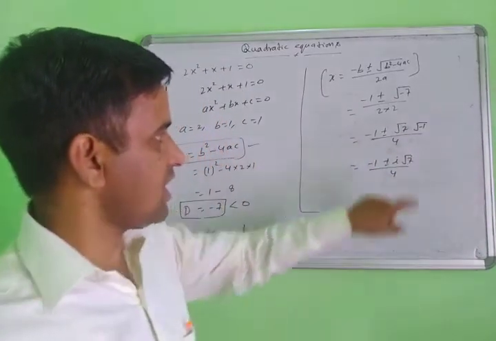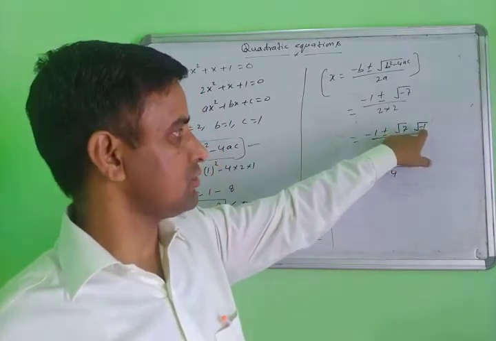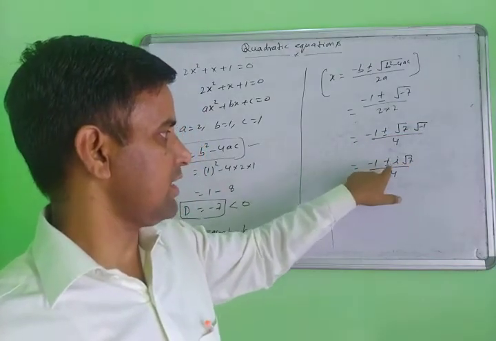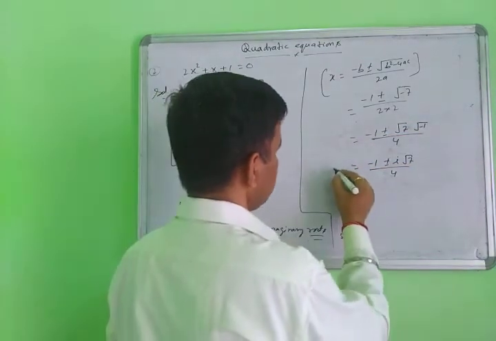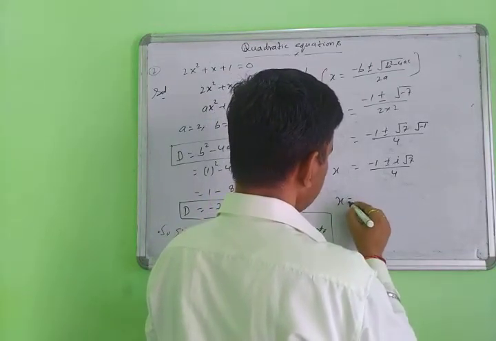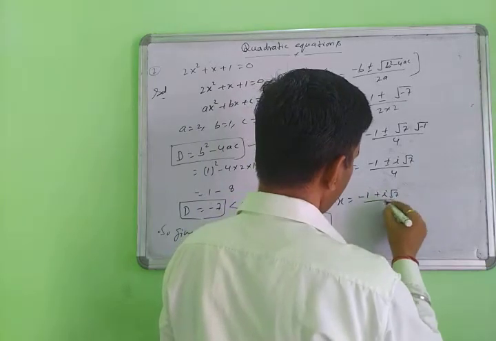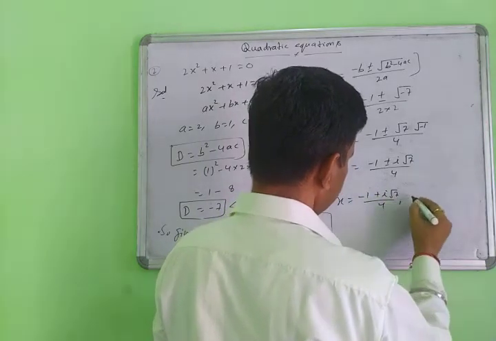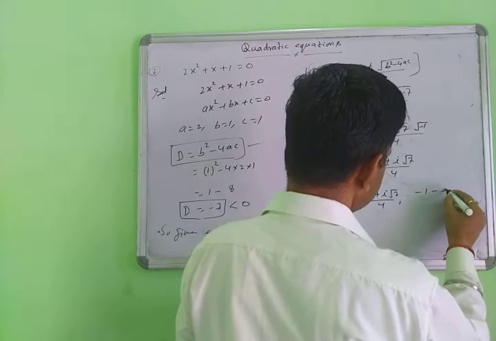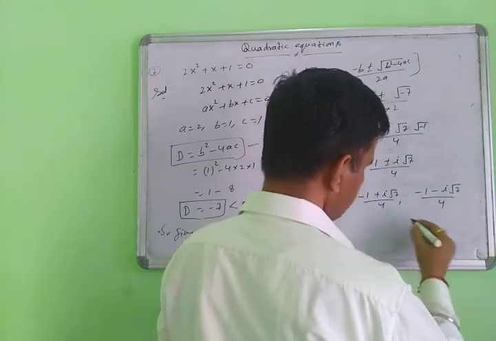So these are the two roots. The value of root minus 1 is equal to iota, and you write it in this form. The two roots of x are: x equal to minus 1 plus iota root 7 upon 4, and second, minus 1 minus iota root 7 upon 4.